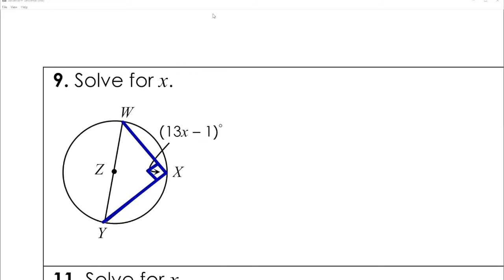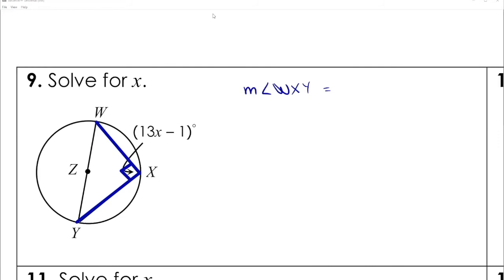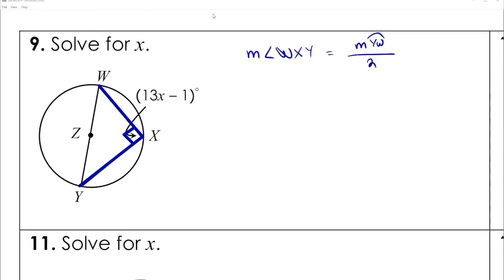Okay, and again, if I was setting this up so that we would know the measure of our angle, WXY is equal to the arc, which is a semicircle, so YW, over 2. Okay, so we could set it up the original way we learned, or if we're using our rule, we could say that WXY is simply 90.